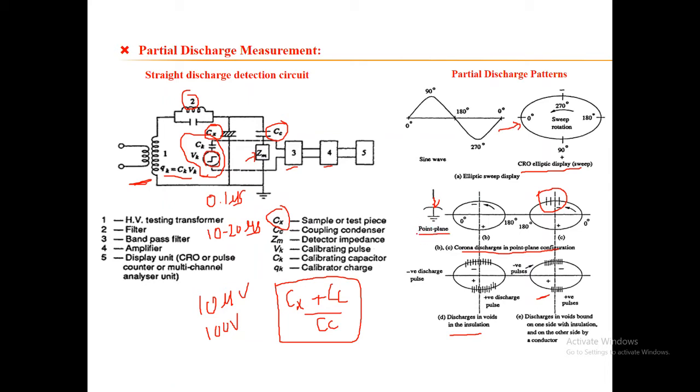With an over voltage magnitude of 10 to 20% applied above the discharge inception voltage, this arrangement will give the discharges which are used for calibration purposes as well. This is one of the methods to calibrate the circuit. So that is about the straight discharge detection circuit.